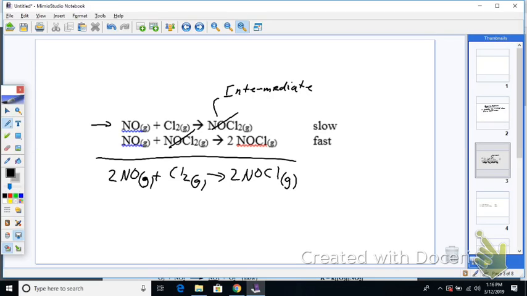So one thing that the reaction mechanism has to do is when you look at all the steps and get rid of all the intermediates and catalysts, we'll know what a catalyst is here in a second, then you get an overall reaction that should match up to the reaction that you're trying to write a mechanism for.